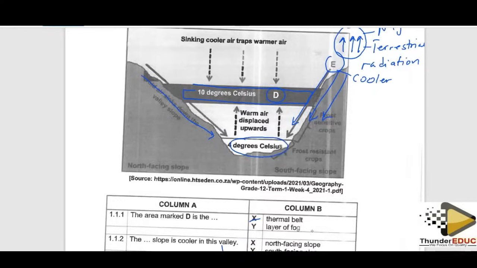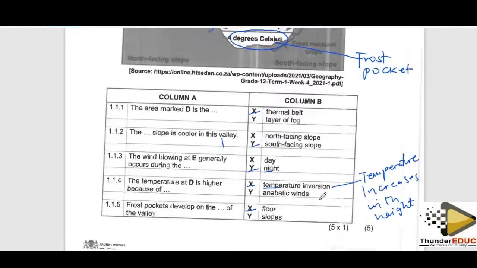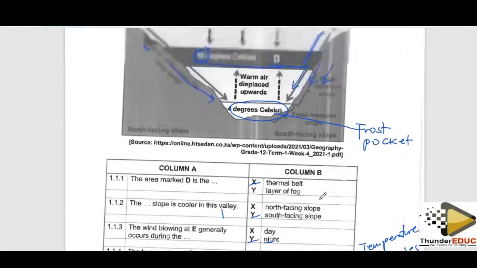Where it settles, it forms what we call a frost pocket, a region where cold air settles in the valley. So for 1.1.5, the answer will be the floor. Frost pockets develop on the floor of the valley. All right, so that is for question 1.1.